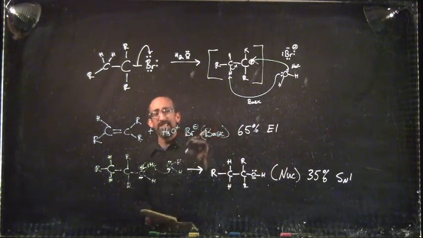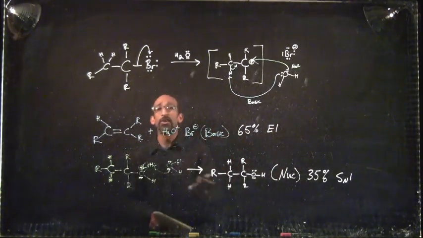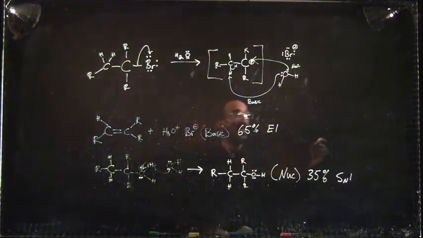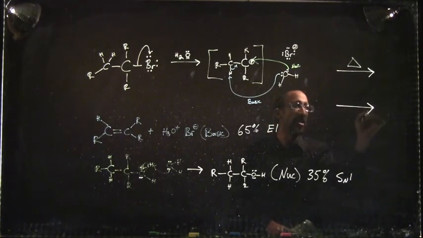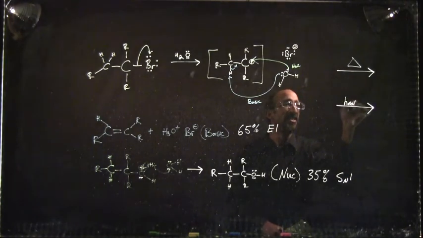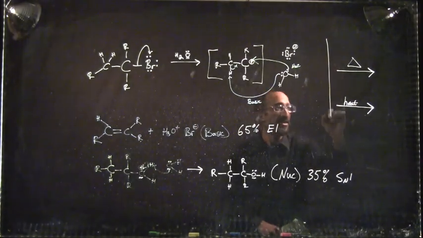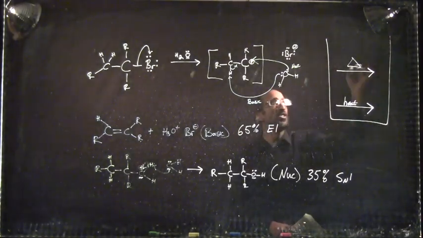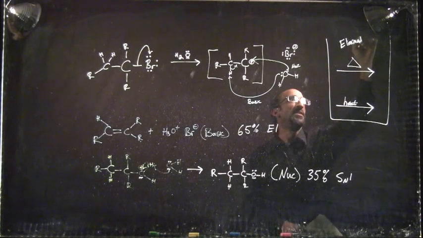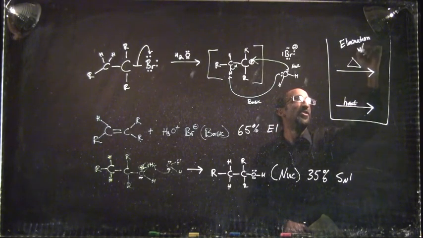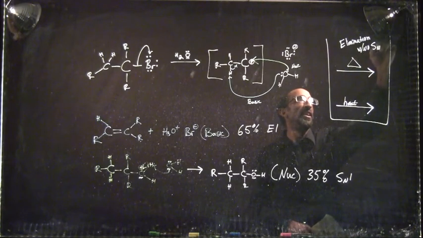If you see heat there, that automatically should tell you elimination would dominate, right? So if you see a delta over near a reaction arrow, or you see a reaction arrow and it's got heat anywhere near it, this should be your signal for elimination with no SN1.